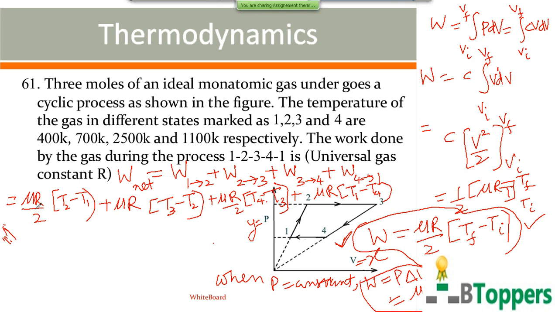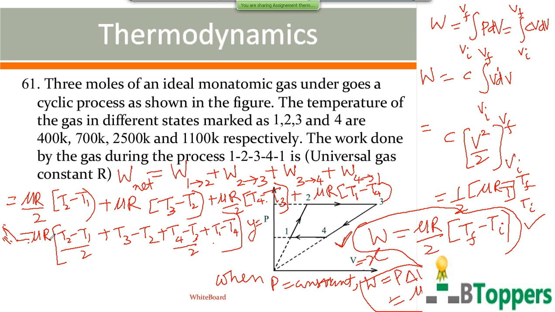So you get nu R into T2 minus T1 by 2, plus T3 minus T2, plus T4 minus T3 by 2, plus T1 minus T4.